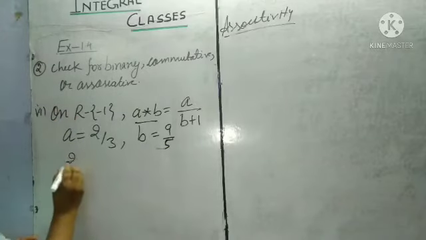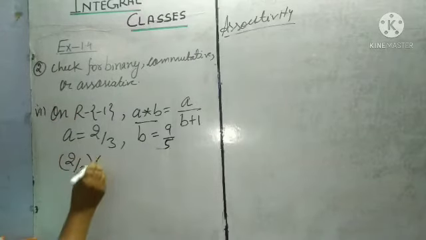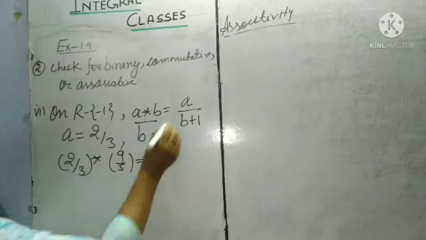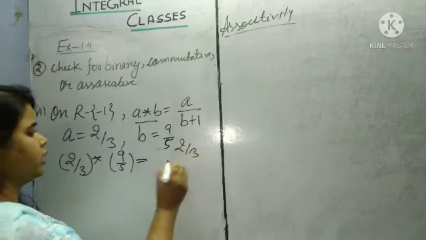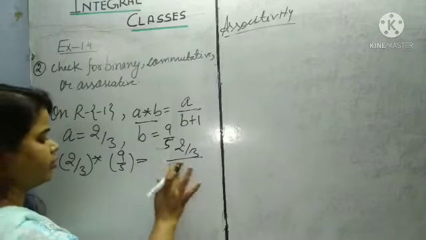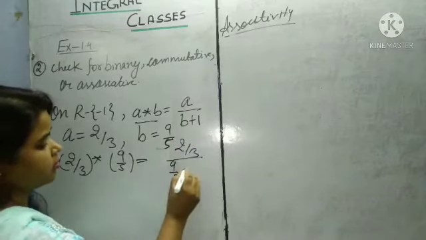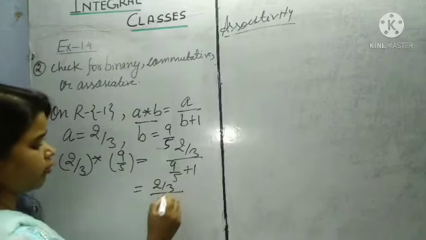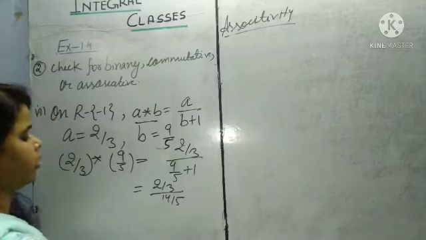2 by 3 star 9 by 5 will become 2 by 3, 9 by 5 plus 1, so it will become 2 by 3, 14 upon 5.